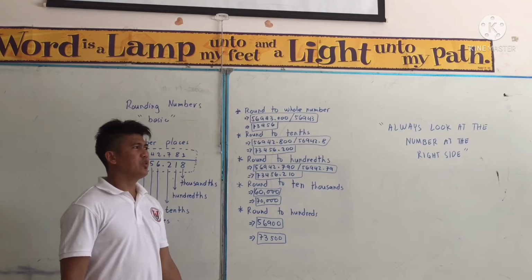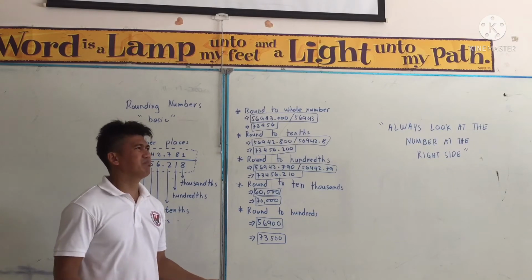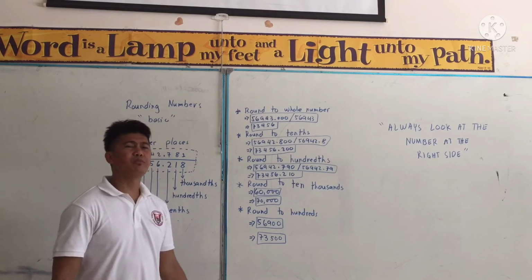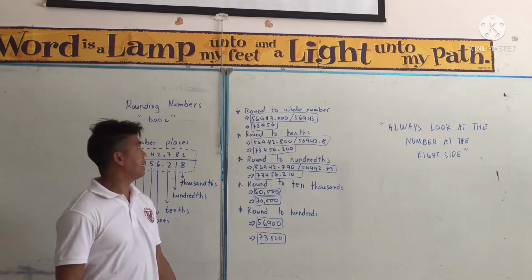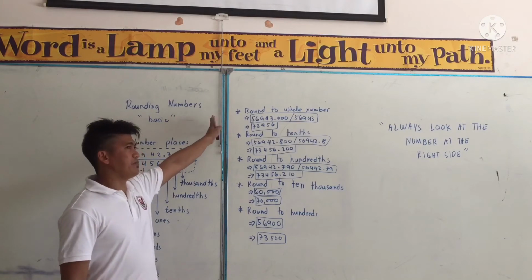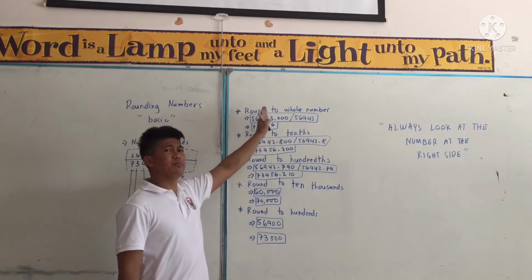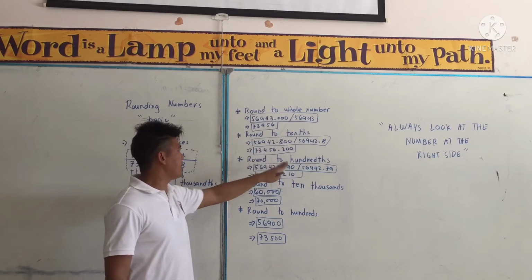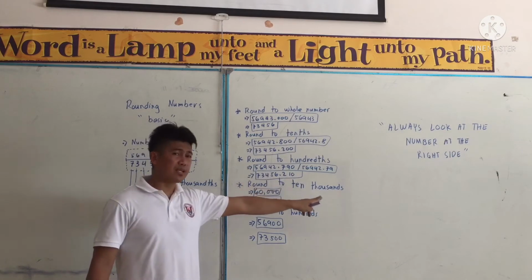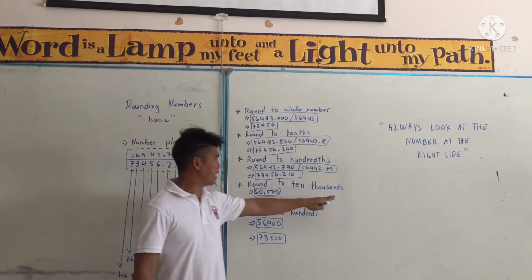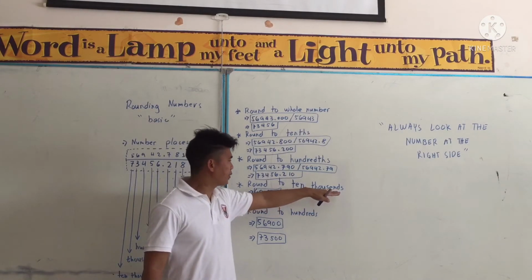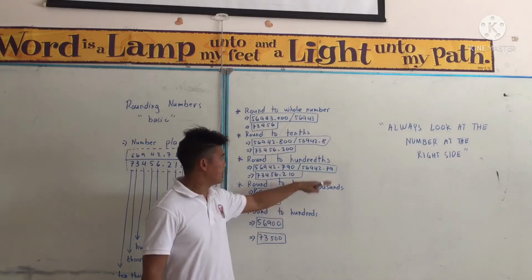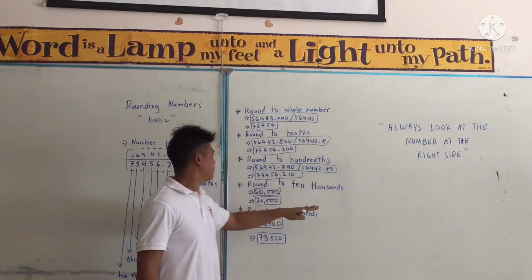So you can round off numbers into any type of rounding, like the ones I'm giving here: round to the whole number, round to tenths, round to hundreds, round to ten thousands. Take note, I want you to read properly and remember the endings of the instruction.